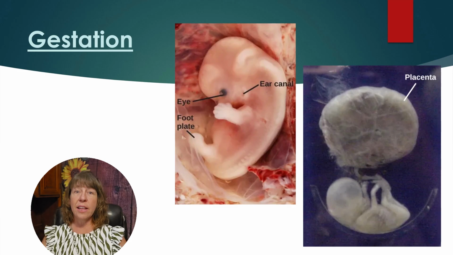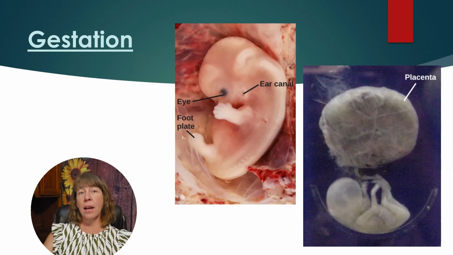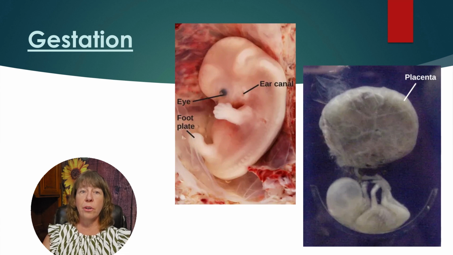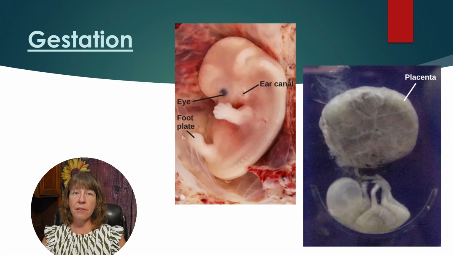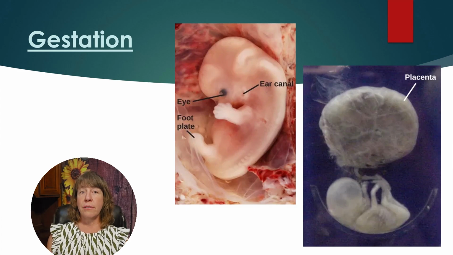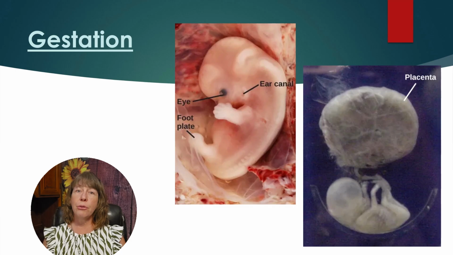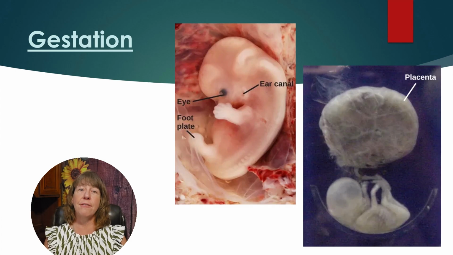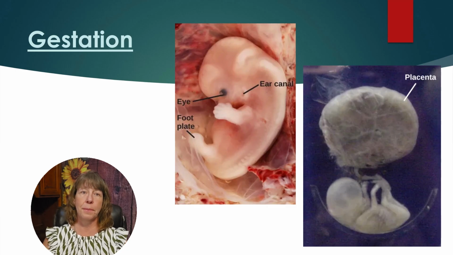This release then controls a positive feedback loop which encourages the labor. So dilation, which is the opening of the cervix as it thins, and then the expulsion of the baby, all is regulated through this hormone release, which is then triggered by a physical action.